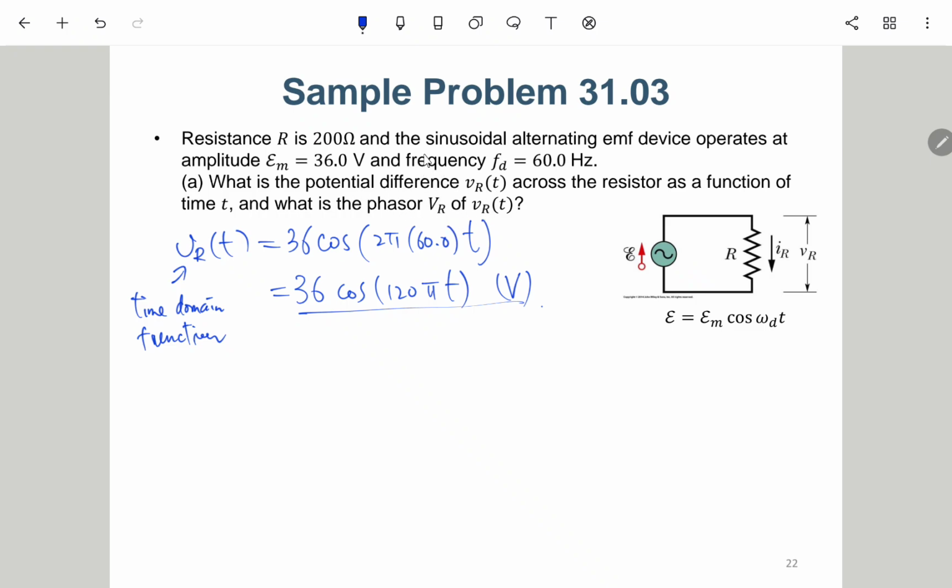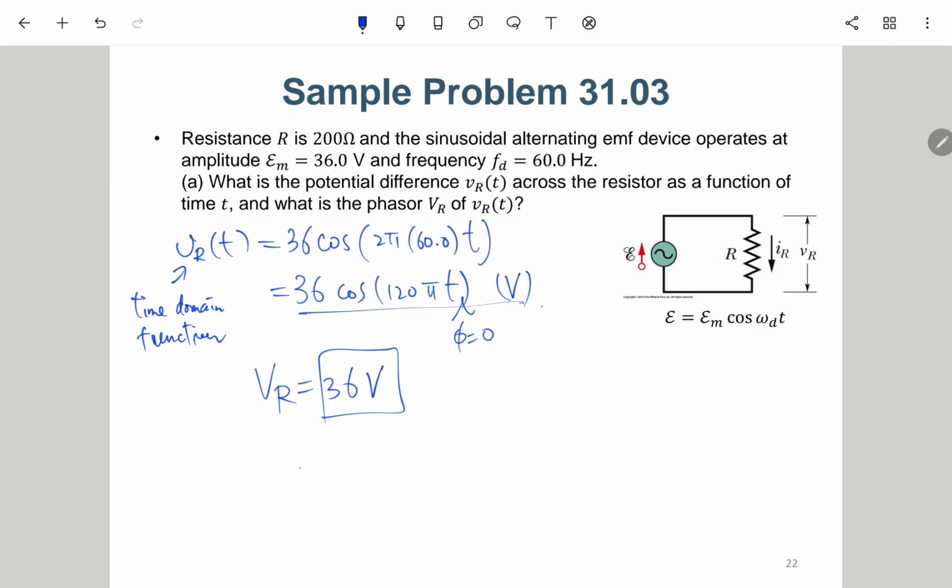And then the phasor VR is nothing but 36 volt. For this one we don't have a phase; you consider the phase phi is 0 here. I don't write degree, but you should use radian here.